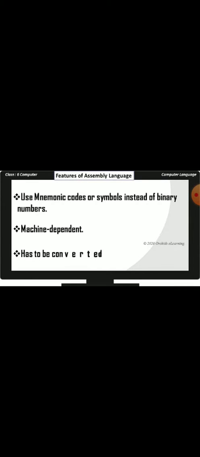Has to be converted into machine language by translator programs, assemblers. Features of high-level language. Uses English words and mathematical operators. Machine independent. Has to be converted into machine language by translator programs, interpreters and compilers. Features of 4GL. Machine independent. Minimal user skills required to obtain results. Application development tool.